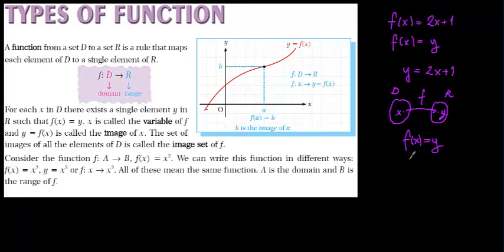Here, if I choose 1 for x, y is going to be equal to 2 times 1 plus 1, and that's equal to 3, which means x is equal to 1 and y is equal to 3. We can see this on the graph. This is not a line, but it is like a line. If this value is 1, then this value is going to be equal to 3.